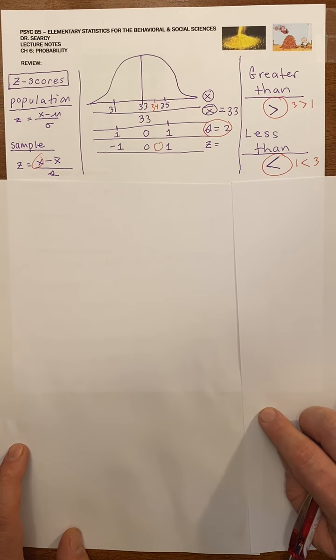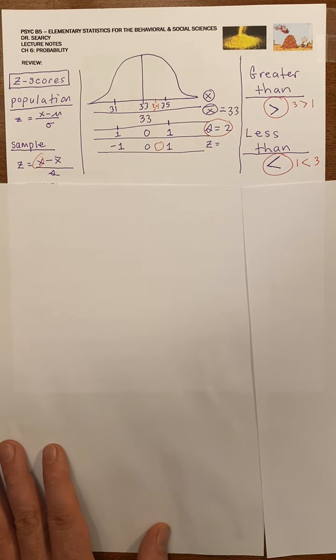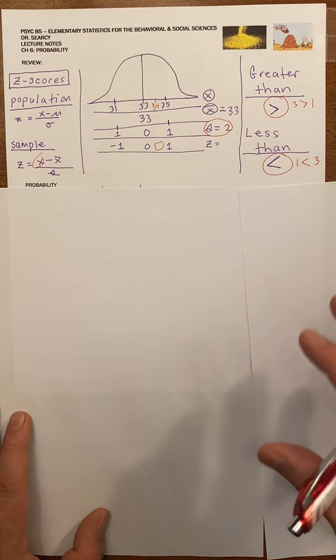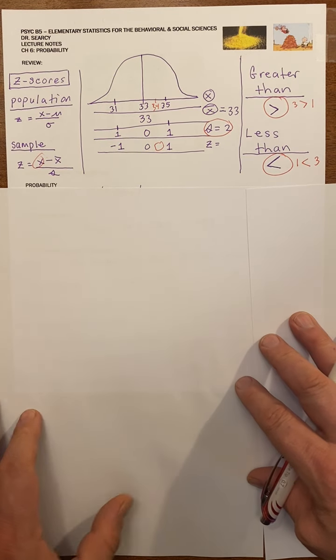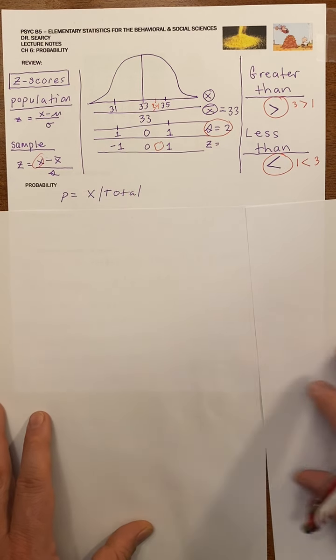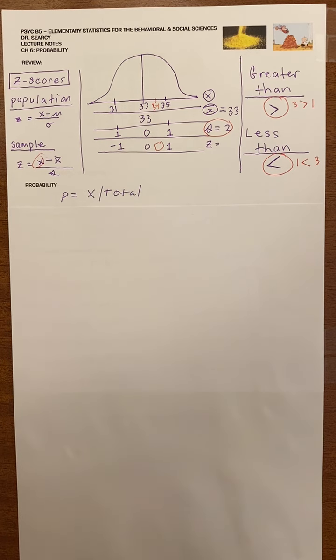From here, let's go ahead and start to talk about the topic of the chapter, namely probability. Okay, so first we should think about defining what we mean by probability. In this case, I'm going to give us a mathematical definition of a probability.